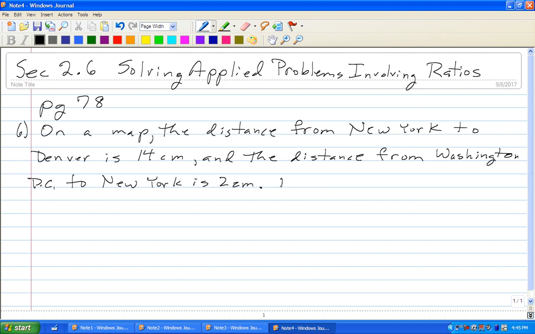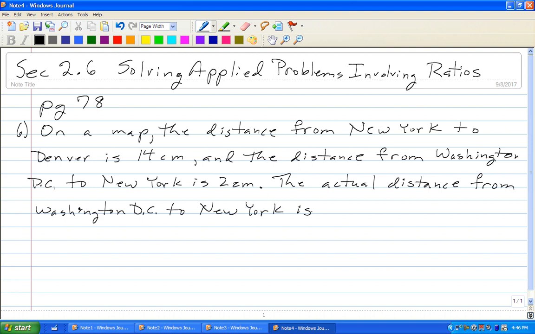The actual distance from Washington, D.C. to New York is 252 miles.